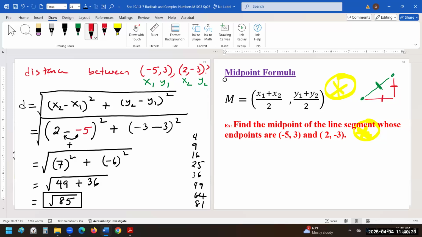That's why we take the middle point of the x's and the middle point of the y's. How to find the middle point? We add the 2 numbers and divide by 2. That's how you find the middle. So take the average of the x values, take the average of the y values, and that's it. That's your middle point.